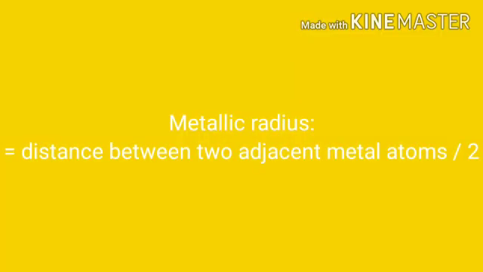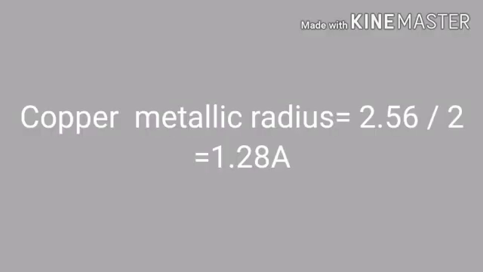Next, metallic radius. Metallic radius is defined as 1/2 of the distance between two adjacent metal atoms in a close packed metallic crystal lattice. So, metallic radius is equal to the distance between two adjacent metal atoms divided by 2. For example, consider copper metal.